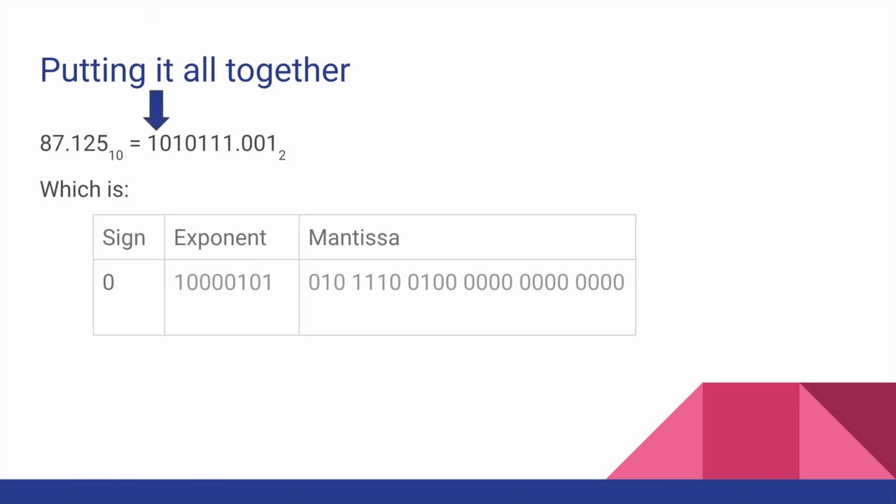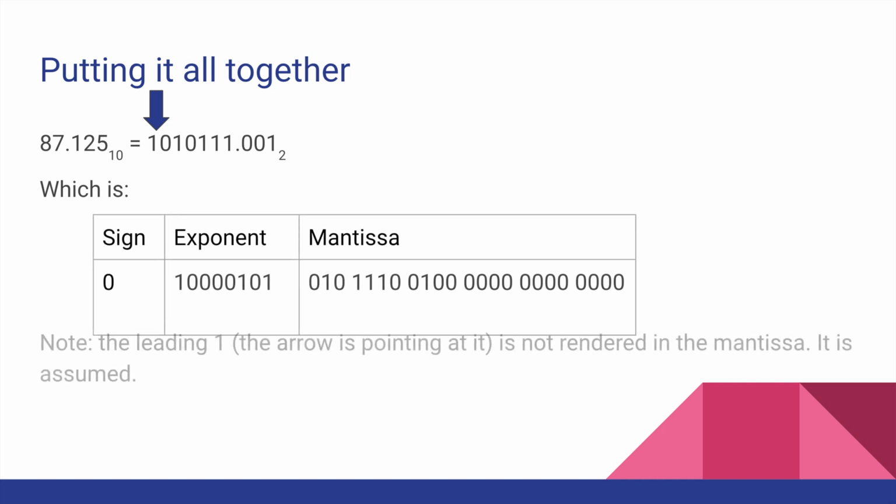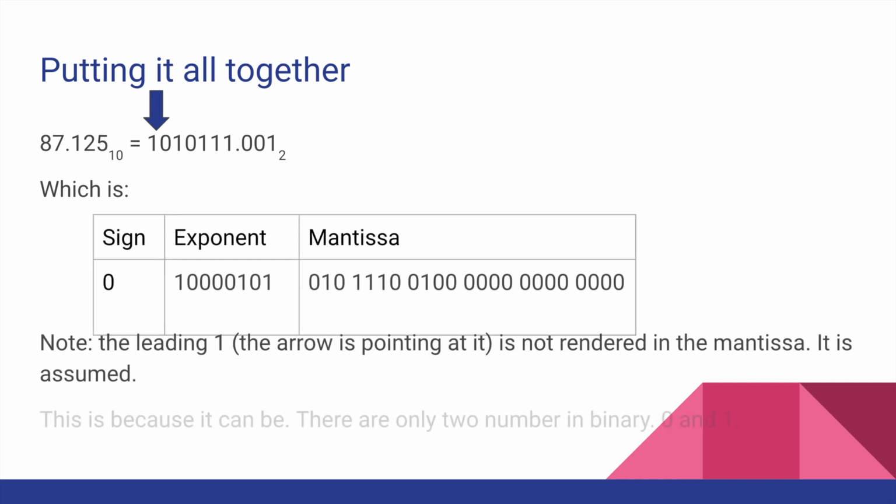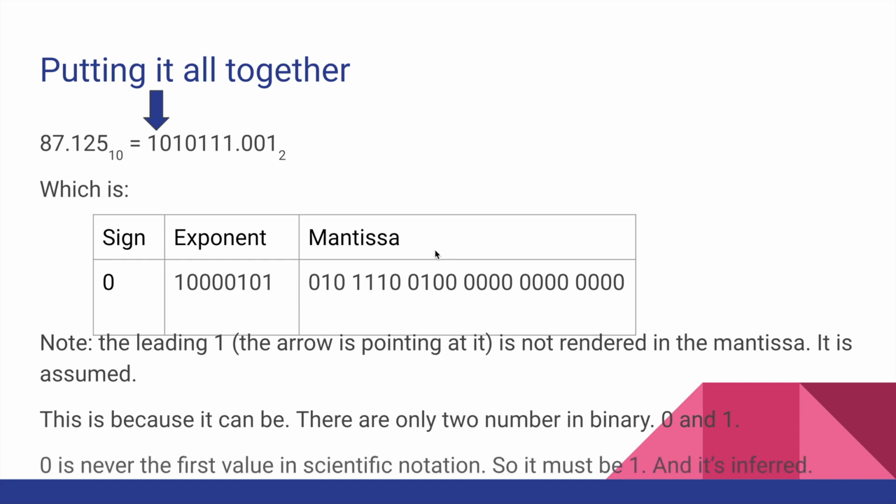So when we put it all together, 87.125, the sign bit is 0, the exponent is 133, which is all that, and the mantissa is everything after the binary point. Now, notice a leading 1 with the arrow pointing to it is not rendered in the mantissa. It is always assumed. This is because it can be assumed. There are only 2 numbers in binary, 0 and 1.